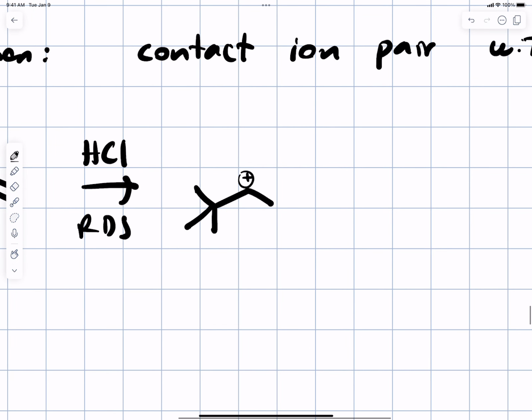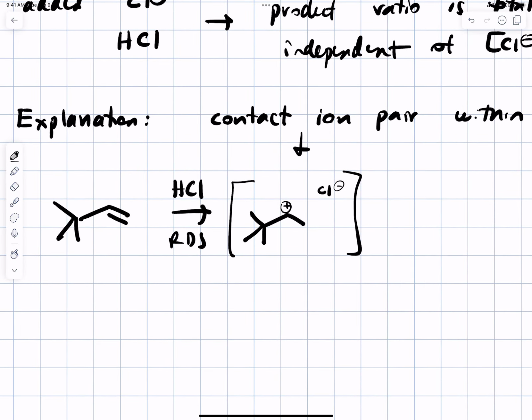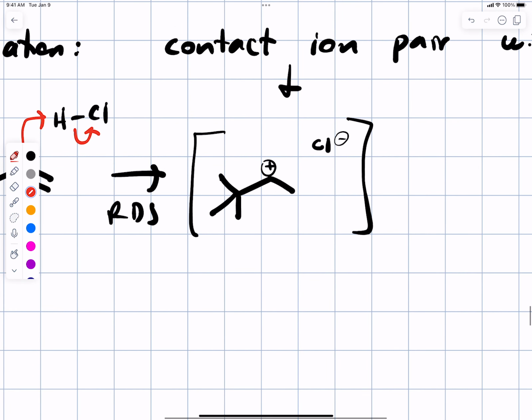Before chloro goes away, you have this intermediate which we call the contact ion pair. That means the chloro is still around. It doesn't go very far after this initial step. Okay? So we form the carbocation and chloro is still there.